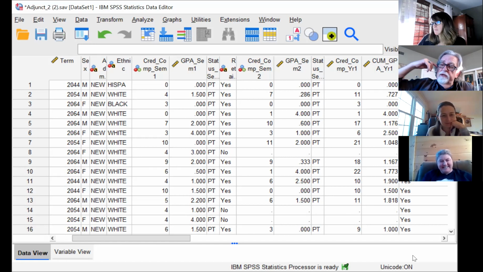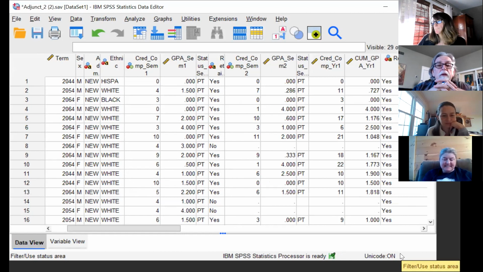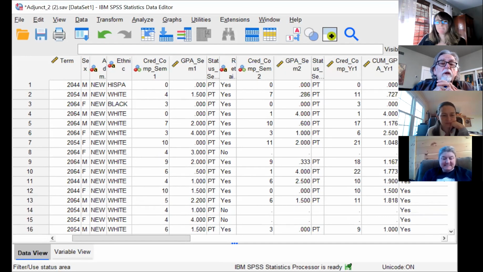Now let's ask kind of that one sample question. Let's say that we know that overall GPA at this community college is 3.05. We know that the overall GPA across the entire college is 3.05.